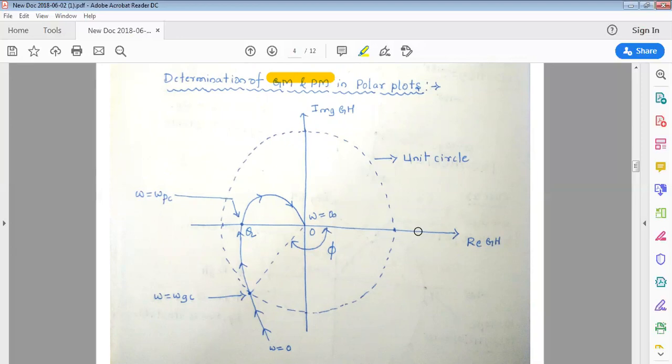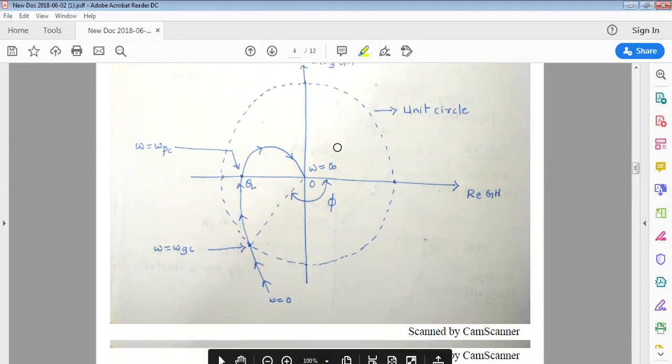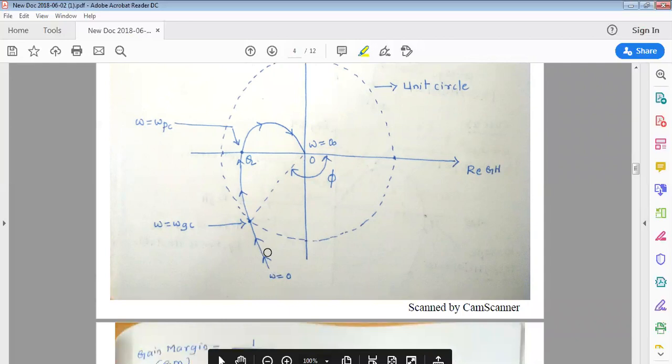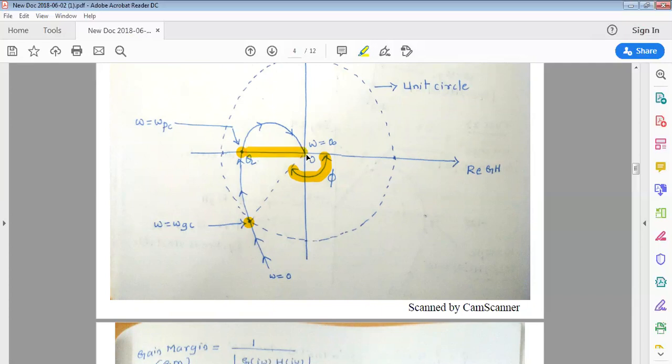Assuming that this is the unit circle, right? The polar plot cuts the unit circle at this point. This is omega GC. The polar plot cuts the minus 180 degree line and this is omega PC. See, at this omega GC point, what is this angle we need to find? That is represented by phi, right? At the point where it crosses the minus 180 degree line, this length we need to find, that is OQ, right?